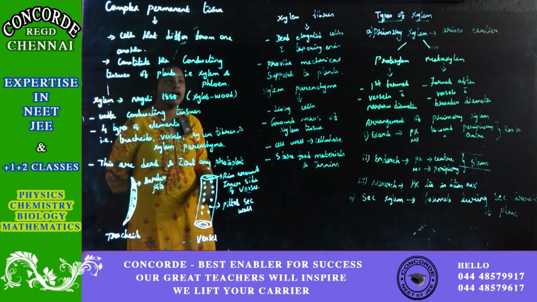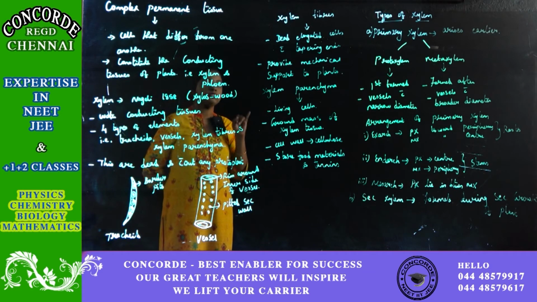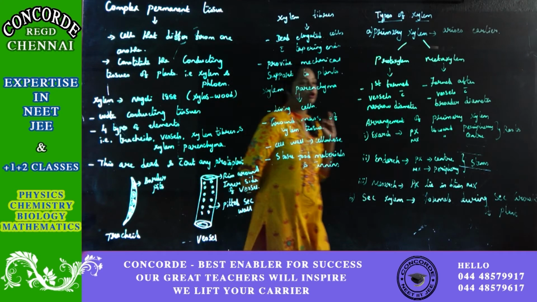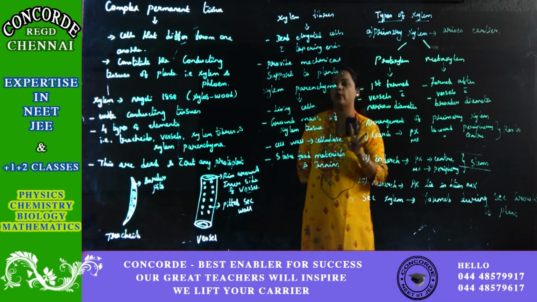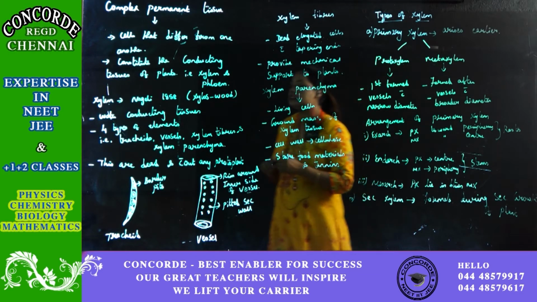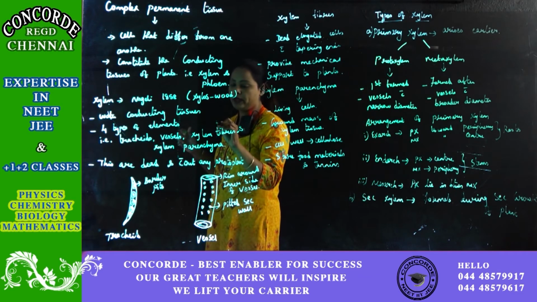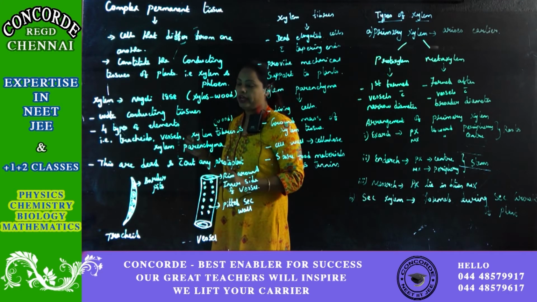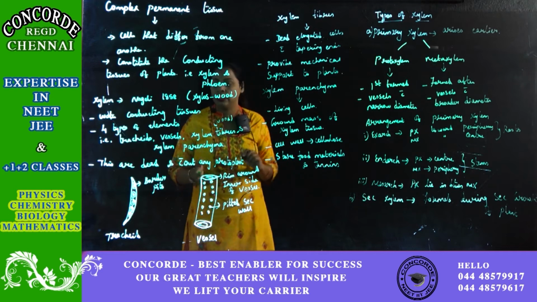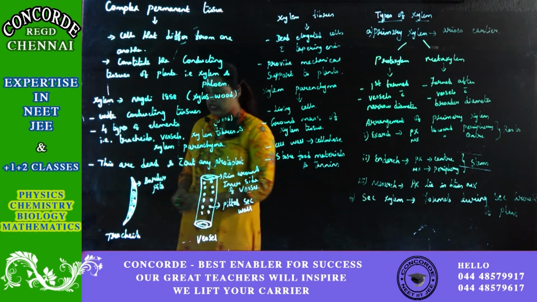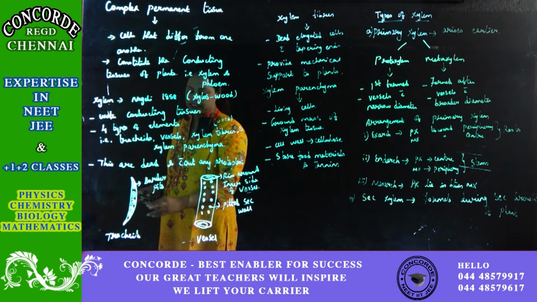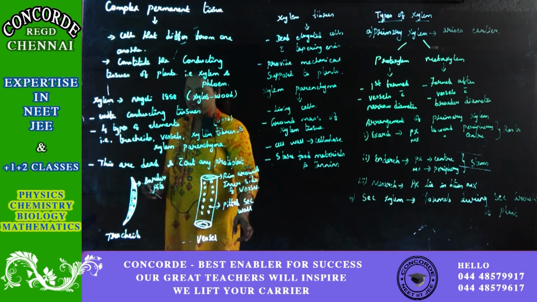And xylem has four parts. First one is tracheids, second one is vessel, third one is xylem fiber, fourth one is xylem parenchyma. Xylem fiber can also be called the wooden part of the plant. First we'll see the tracheid and vessel. This is the diagrammatical representation of tracheids and vessel.